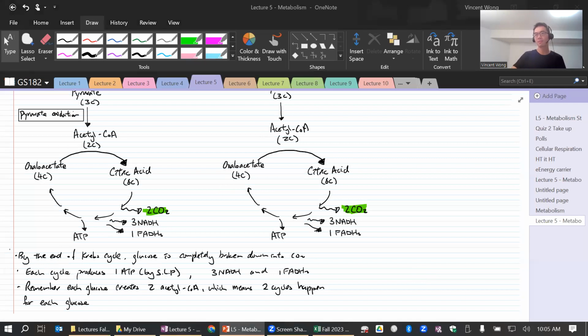Any questions? Sir, on the practice test, we have to label the cell for the animal and the plant cells, right? This won't be in the test, will it?